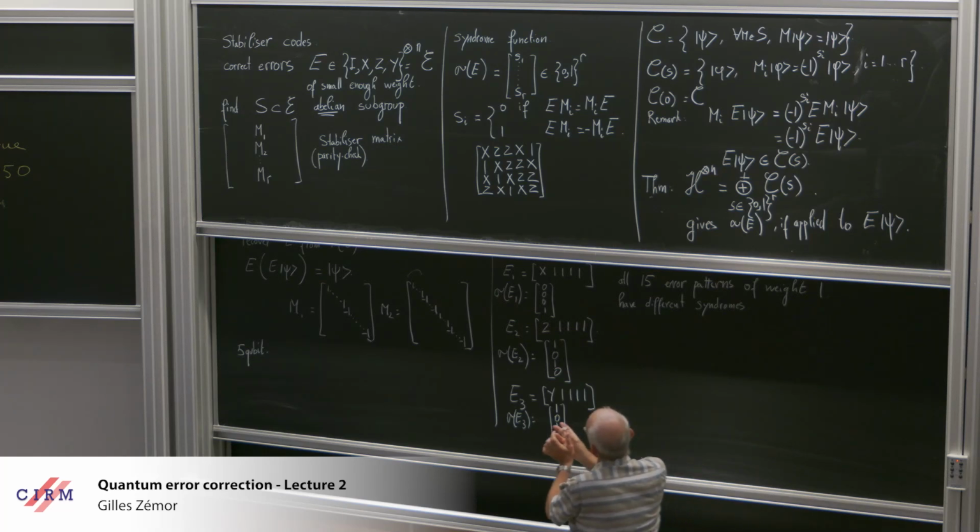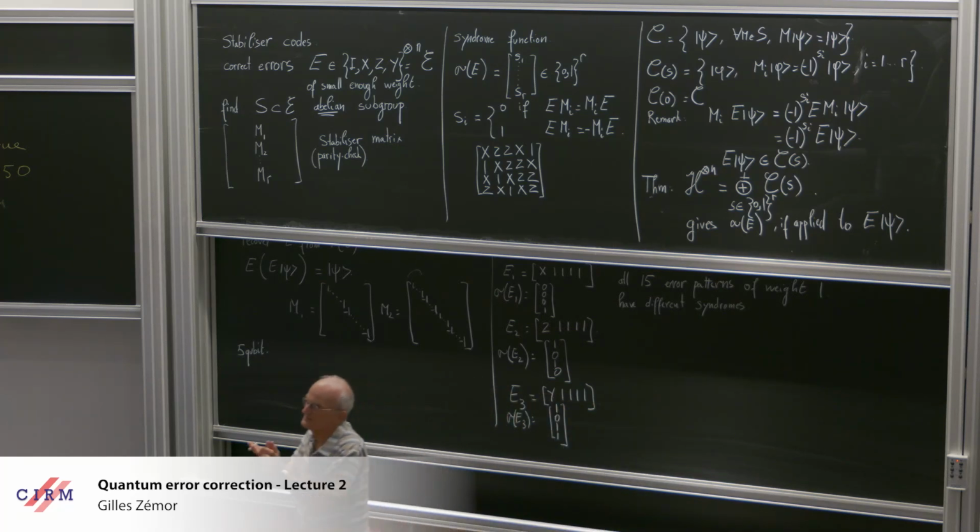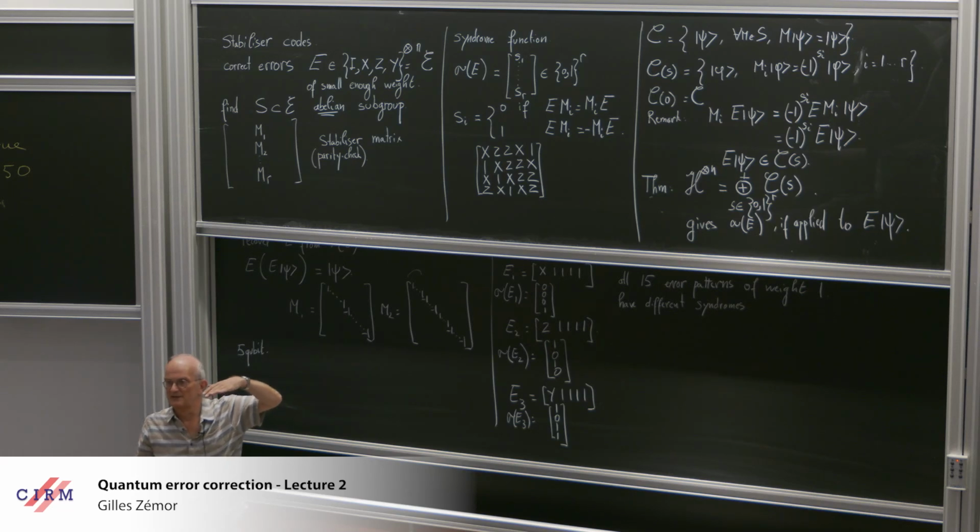So the one eigenspace and the minus one eigenspace of these Pauli operators have the same dimension. So in this example, 16. So if we choose the one eigenspace of the first generator, we'll get a space of dimension 16. We intersect it with the one eigenspace of the second generator, we'll get dimension 8. We intersect it with the third generator, we'll get dimension 4. If we intersect it with the one eigenspace of the fourth generator, we will get dimension 2.